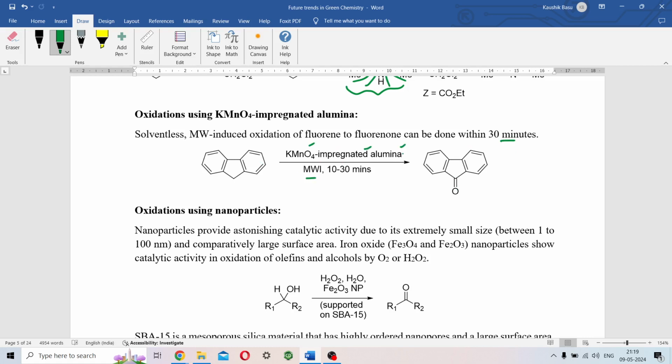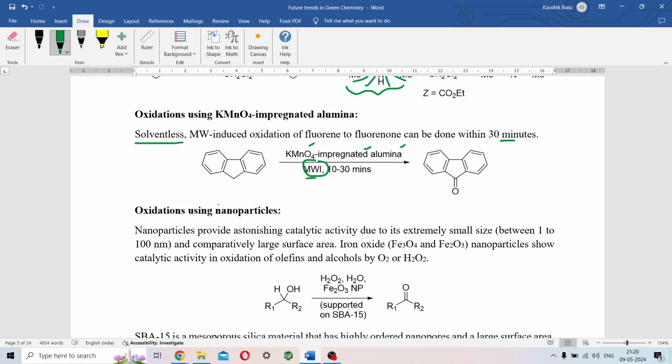Now this is problematic in one aspect because you are using a high valent manganese here, manganese +7. So your oxidant itself is not very environmentally benign, but at the same time you are using microwave, so that's one green aspect of the reaction because you are avoiding conventional energy sources, you are saving energy, or the reaction is energy efficient, and also you are avoiding the use of organic solvents.